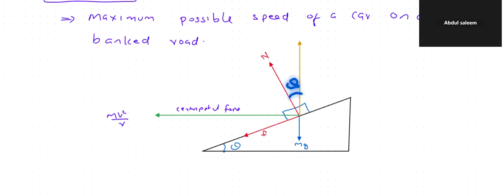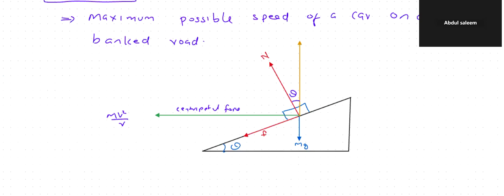Because this is theta, this entire angle is 90 degrees and the remaining angle is 90 minus theta. In the same way, this is also 90 degrees. So this is 90 minus theta, then this angle must be theta only. So we have one component of the normal making an angle theta with the y-axis.